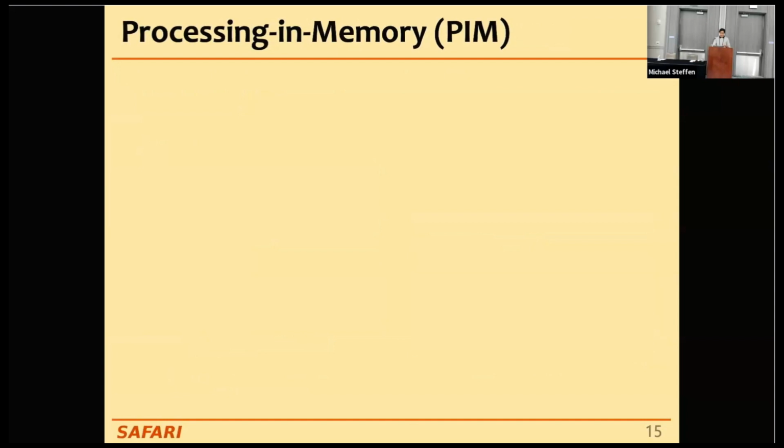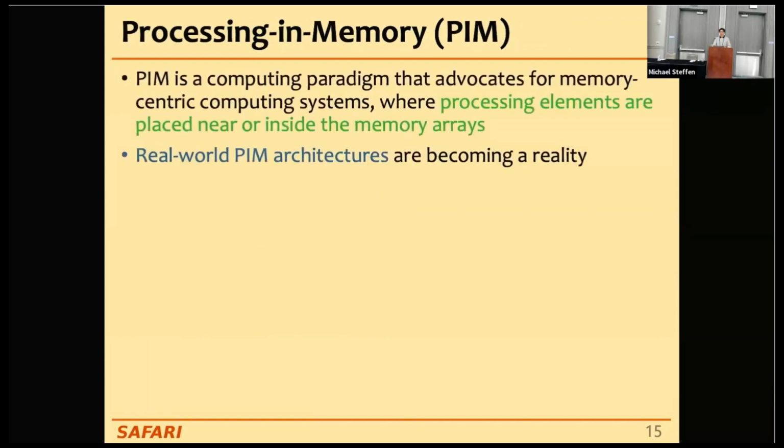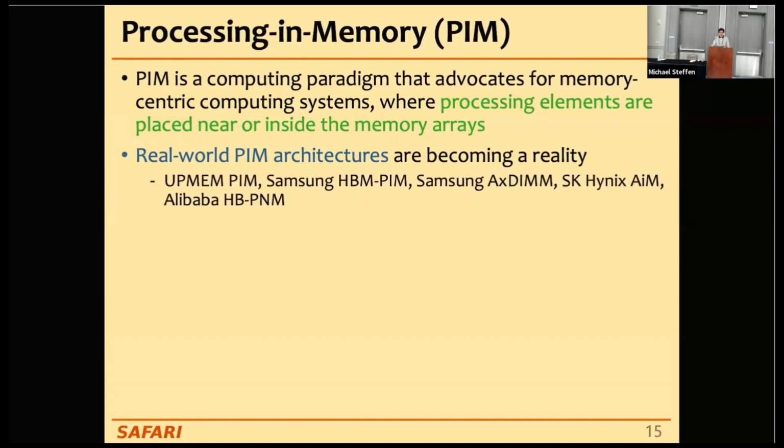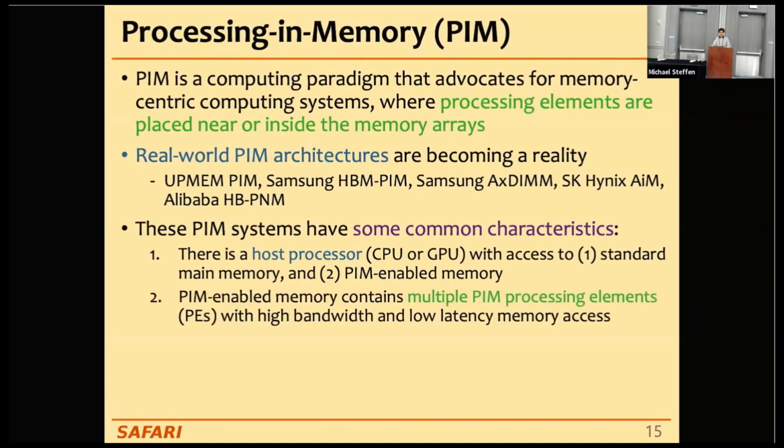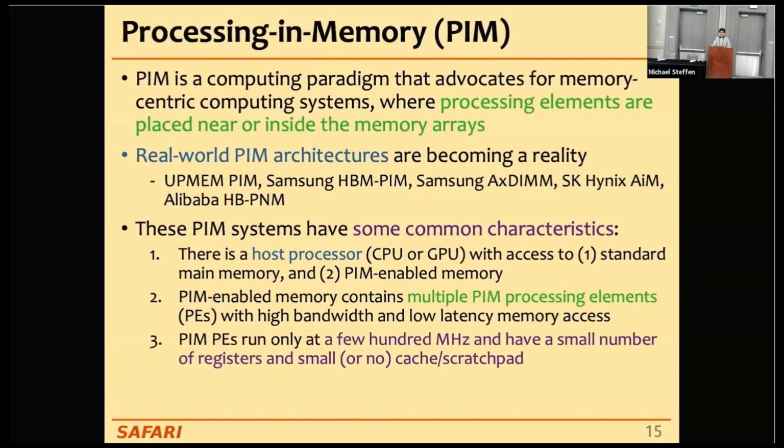In this work, we are considering PIM systems similar to the ones that are already real, either as commercial systems or as prototypes. And we have observed that among all of these, there are some common characteristics. The first one is that there is a host processor that has access to a standard main memory and PIM-enabled memory. The PIM-enabled memory contains multiple PIM processing elements with high bandwidth and low latency memory access.